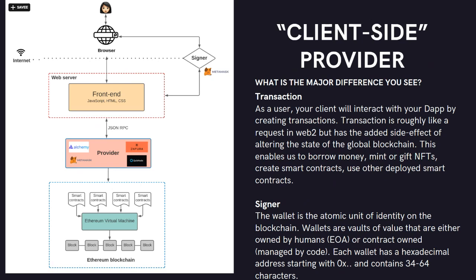For example, A has given 500 rupees to B, B has given 200 rupees to C, and then C has given 200 rupees to A. These transactions are recorded on the chain and constitute the global state of the blockchain. Now, if a person D wants to create a new transaction and interact with your Dapp, they will be able to make a new transaction.